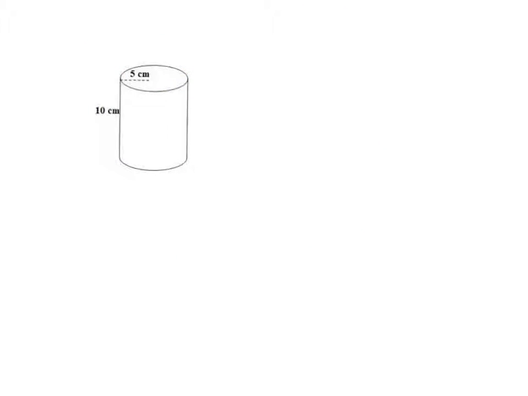All right, so let's do this example. Let's start with our formula. Okay, so the surface area formula for our cylinder is going to equal 2 times pi times radius squared plus h times, instead of 2 pi r, I'm going to use pi times diameter.